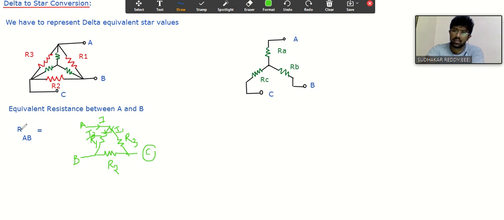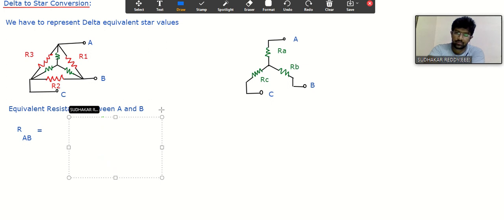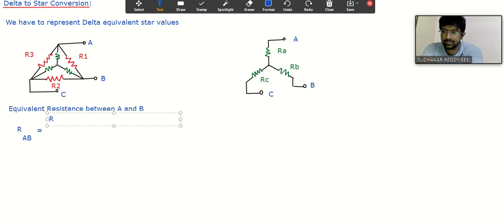So RAB simply means R1 in parallel to R2 plus R3. It's like two resistors in parallel connection. One resistance is R1, and the other resistance is R2 plus R3. So R1 is in parallel with R2 plus R3.